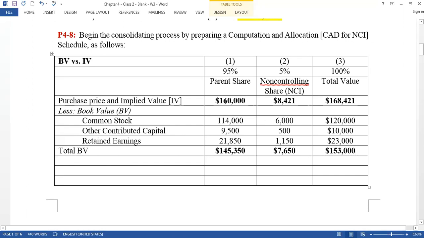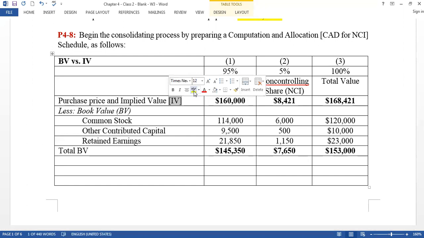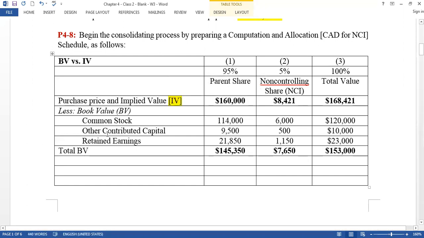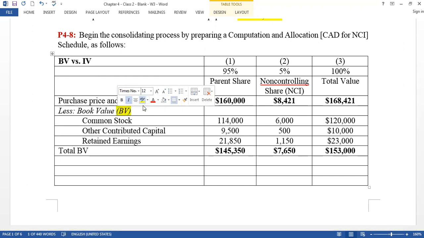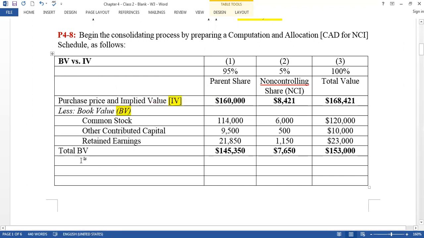So we find this is the total implied value for the parent company, non-controlling interest, and total, and this is the book value. Our formula is implied value minus book value to calculate the difference.